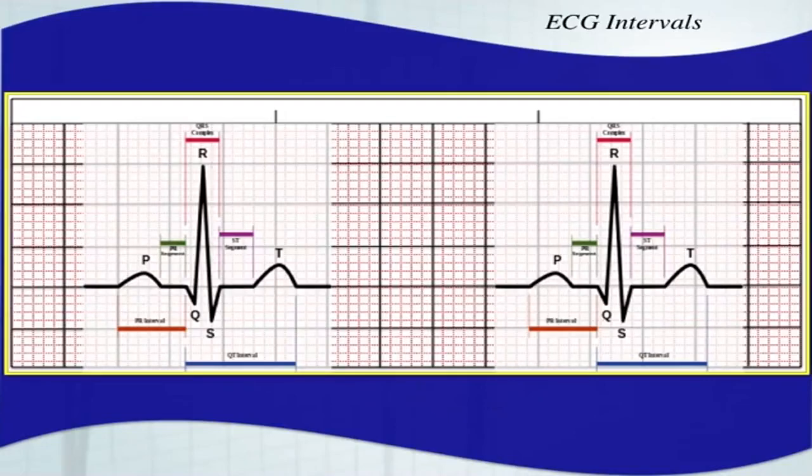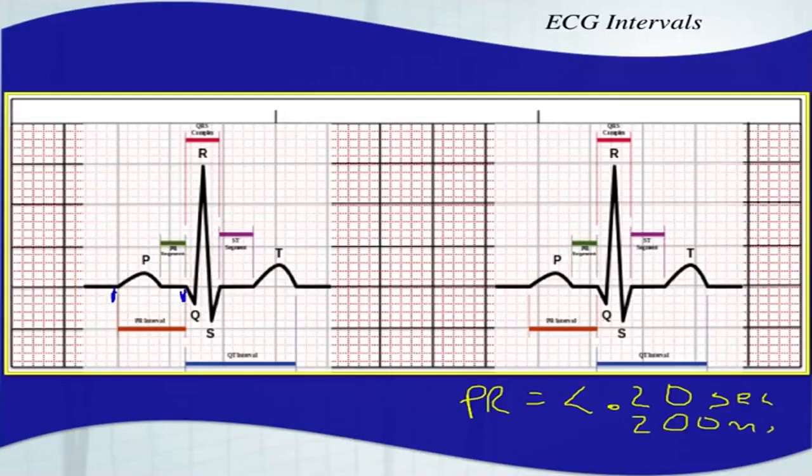Okay, you also have your PR interval. The PR interval is the P wave and the PR segment combined. That's our PR interval, and it's important to remember that one. A normal PR interval is less than 0.20 seconds, or 200 milliseconds.